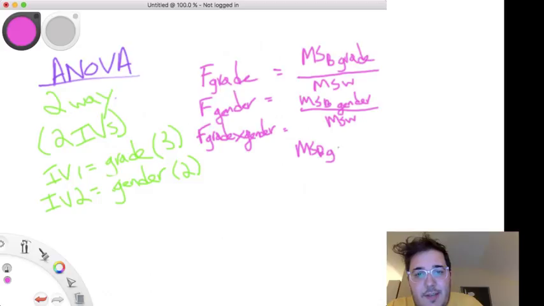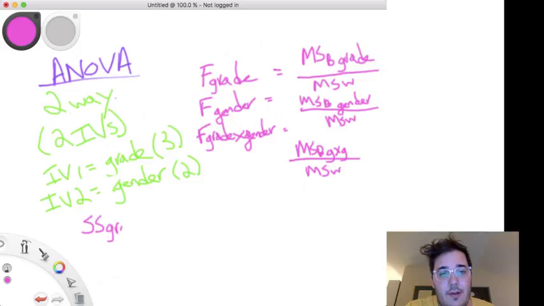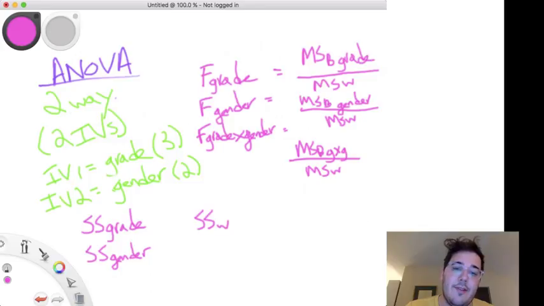I'll just put G times G divided by mean square within. So those are your 3 F tests. After that, you have to calculate all these mean square betweens. So you'll be given a sum of squares for grade. You'll be given a sum of squares for gender. And you'll be given a sum of squares within. Those will be your givens.